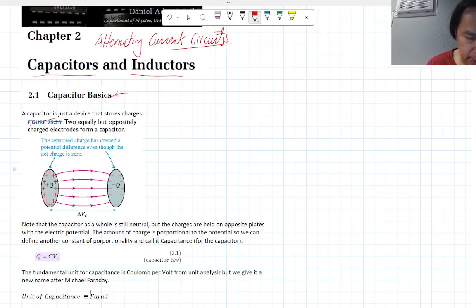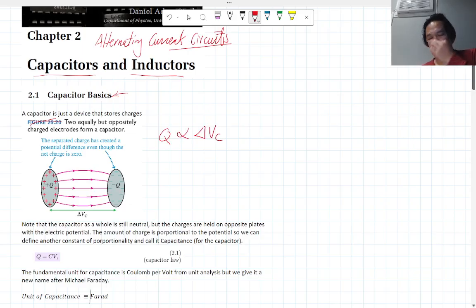The amount of charge stored on each end, if you add them together, is of course 0. But when we talk about this charge Q, it's the amount of charge just on the positive end of the capacitor.